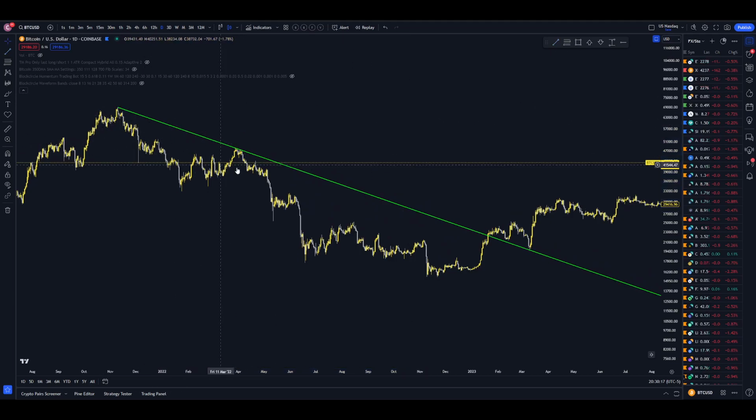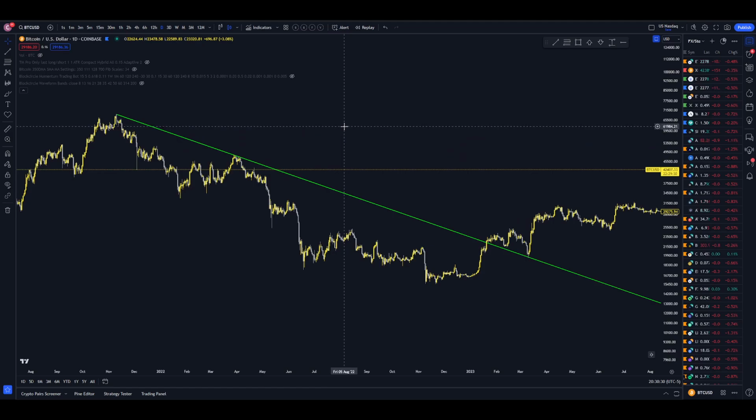Where we connect these 2 points and it reaches down here. Now, I don't really focus too much on angular support and resistance. It can definitely be helpful. And quite often in trading, you're looking for a confluence of factors to give us a better edge.